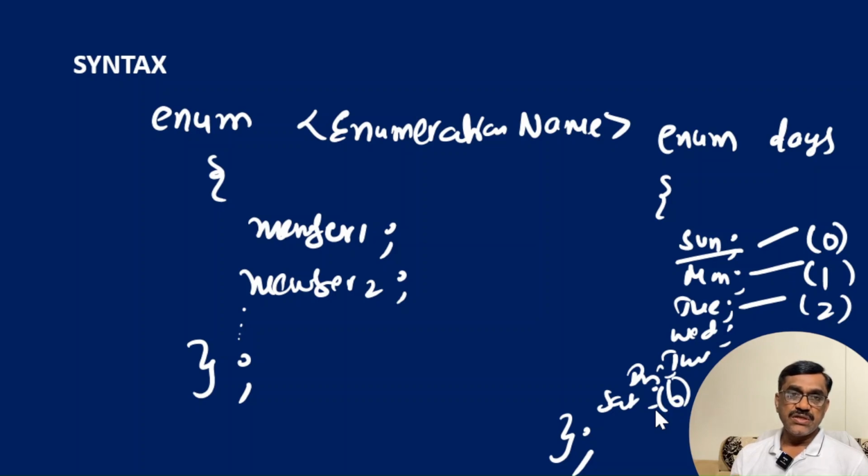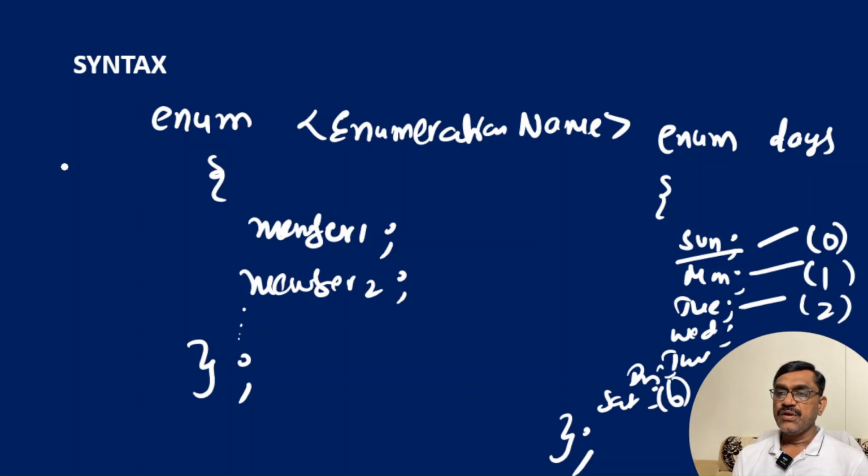Please remember that the main intention of using enumeration data type is to handle the names very easily. So in a program, if you want to use numbers, it is very difficult to remember the numbers or the values. So to remember easily, what we do is we assign the names. For easy handling of the program, we assign the names to the values so that we can refer to those very easily.